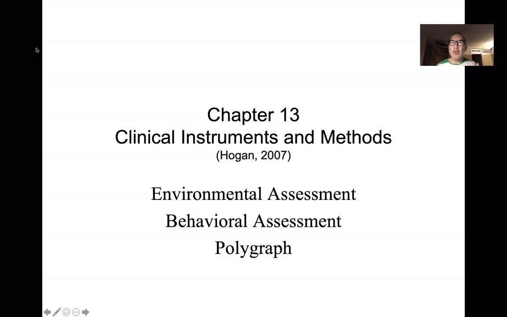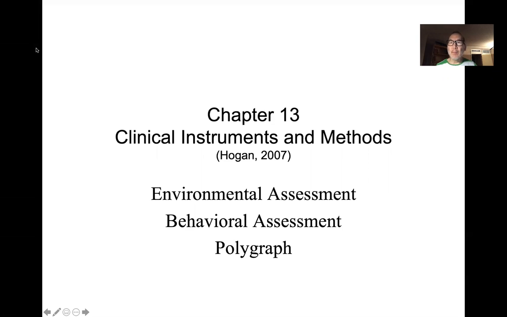Okay, folks, for this chapter, we're going to be talking about clinical instruments and methods, approaches to doing assessment. Now this course is about tests and measurements, but this chapter gets into the broader area of assessment: collecting data outside of the test situation.